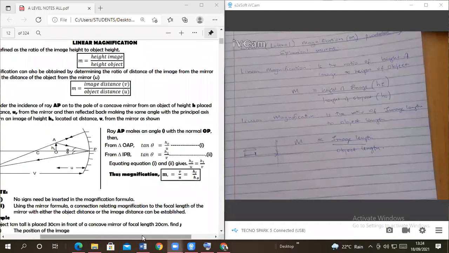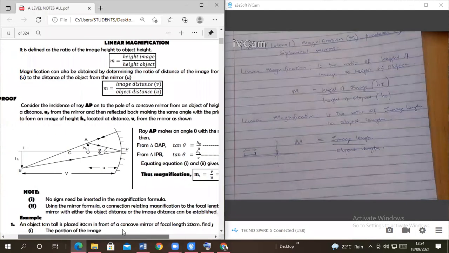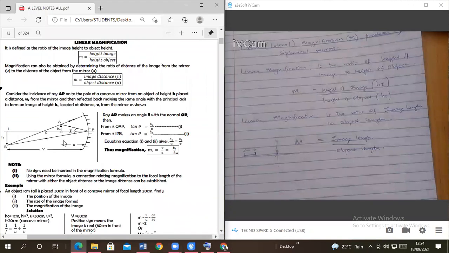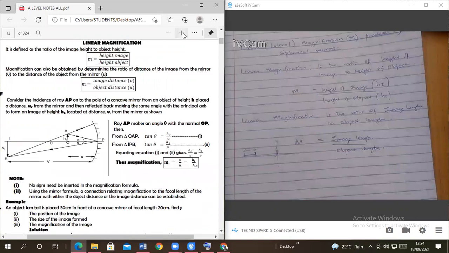Now, how do we derive linear magnification? In the diagram that you have on the left-hand side, they are saying: consider the incident ray AP on the pole of the concave mirror from an object of height h placed at a distance u.